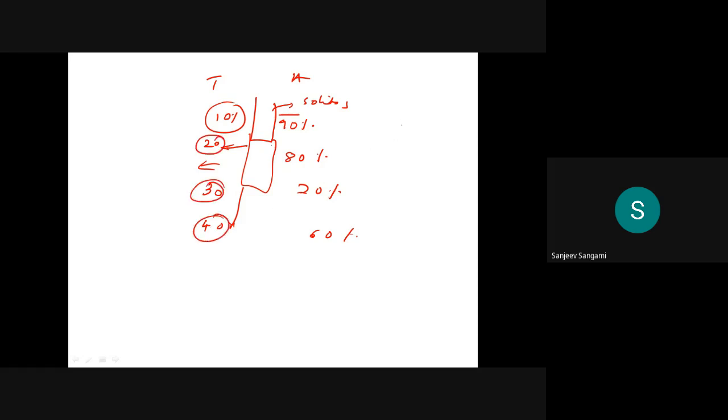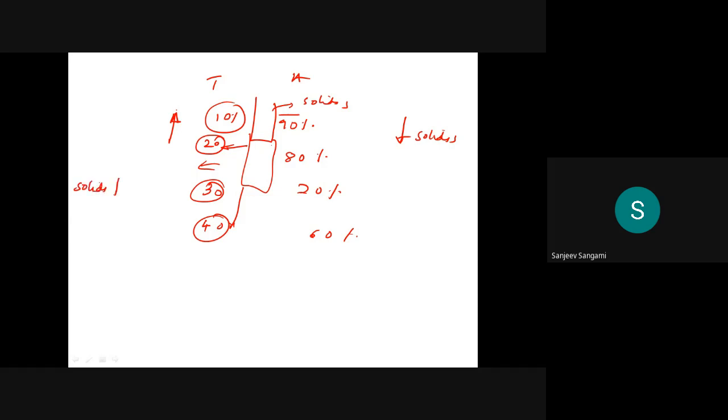When solids are decreasing, you can see the transmittance is increasing. Now we will establish the relation.